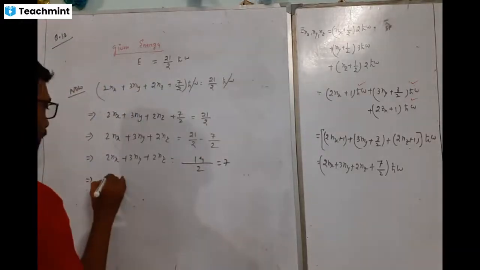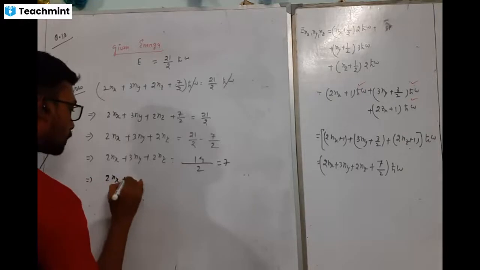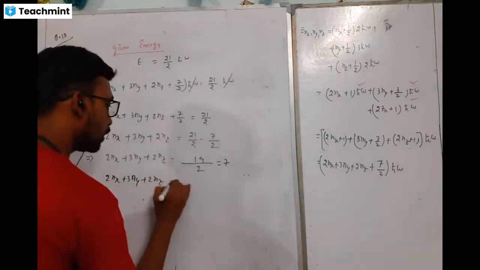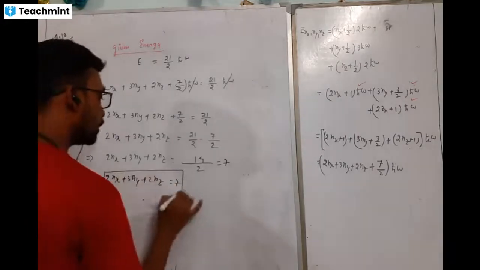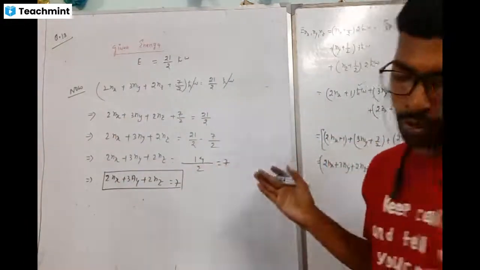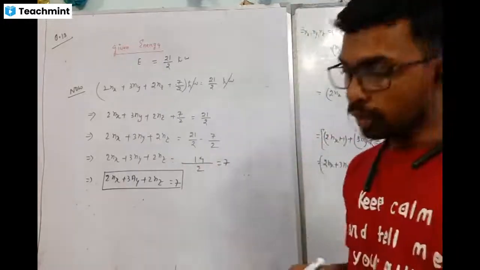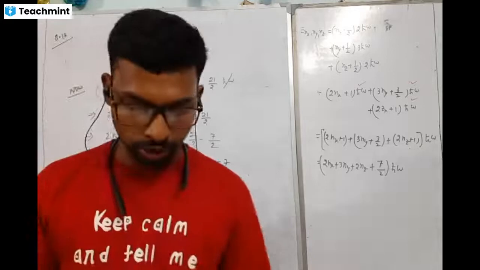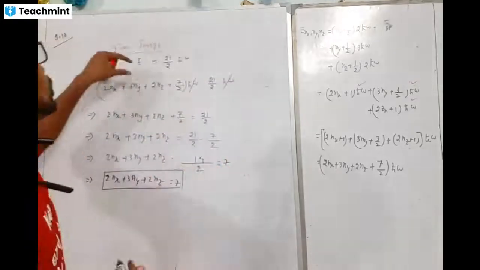So now the given expression is nothing but 2nx plus 3ny plus 2nz equals 7. This is one type of equation, and using these equations we can find the total maximum number of electrons that can be accumulated in the given state.